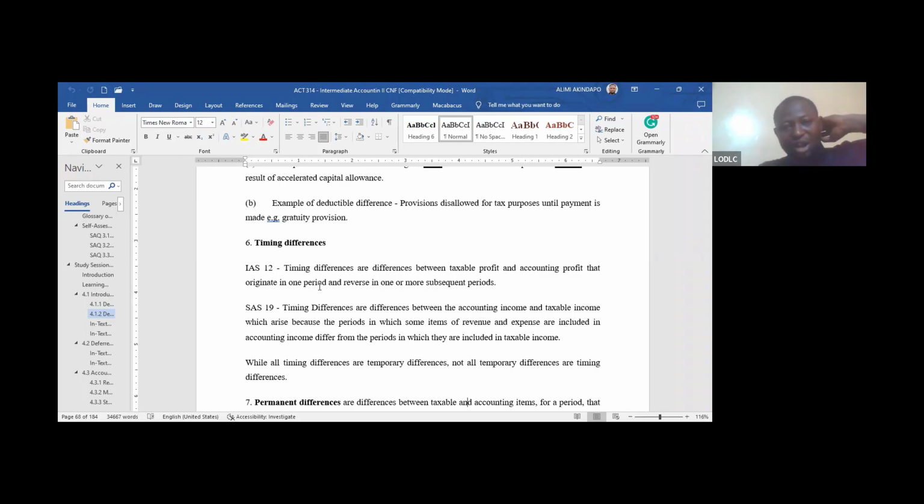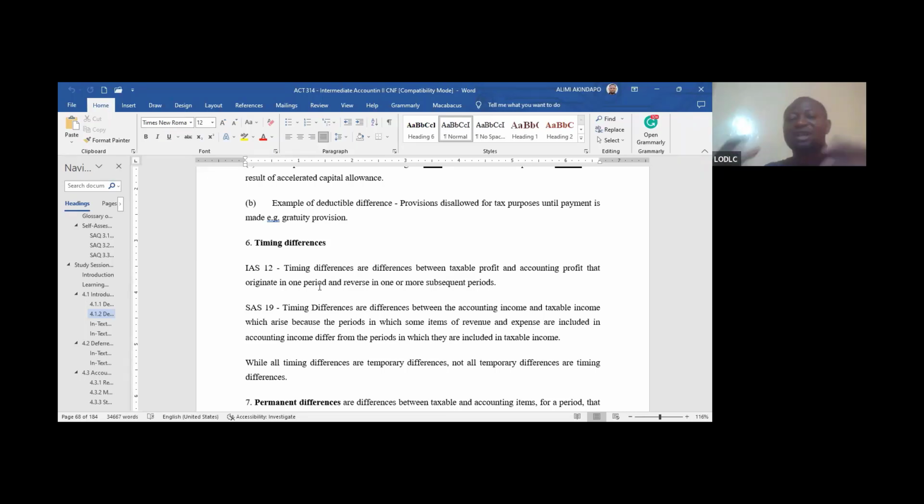Accounting profit is the profit or loss before deducting tax expense. Then the taxable profit is the profit or loss upon which income taxes are payable or recoverable.